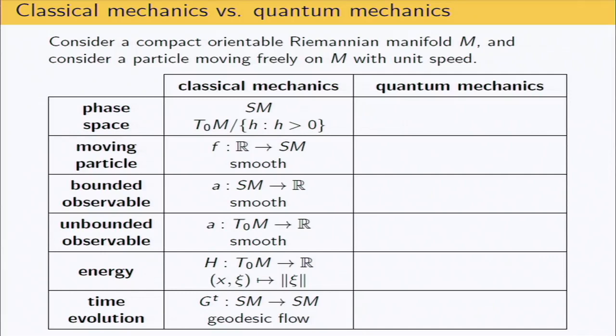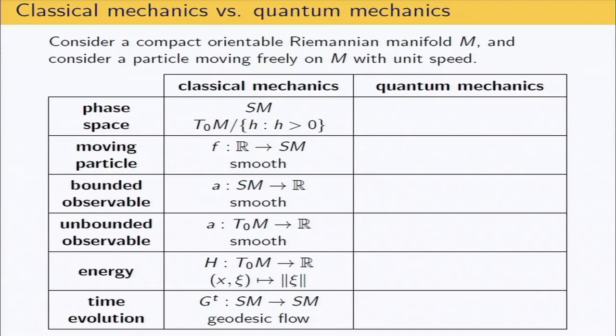So a point in the unit tangent bundle encodes the position and the unit speed vector of the particle. And so the moving particle can be encoded in a function of time, so a function from R to phase space. And we'll assume that this movement of the particle is smooth in phase space.